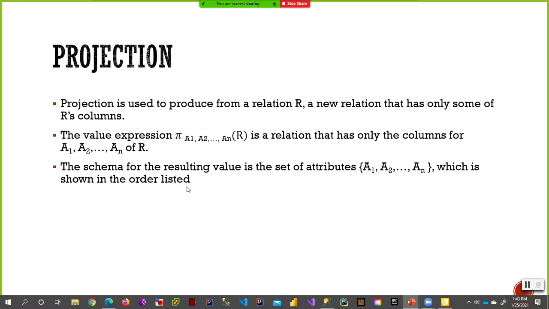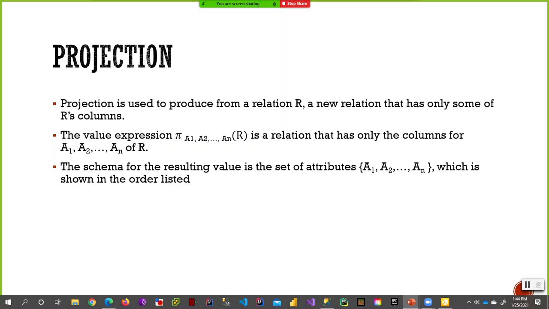There are a set of symbolic representations for each one of the operations, just like inside of normal arithmetic there's the plus sign, the minus sign, the multiplication sign, the division sign. There are similar things inside of relational algebra, but you're not going to have to learn a ton of them.